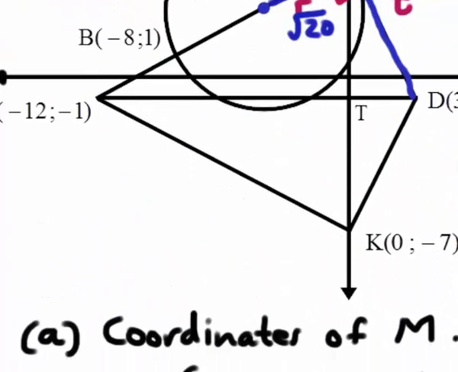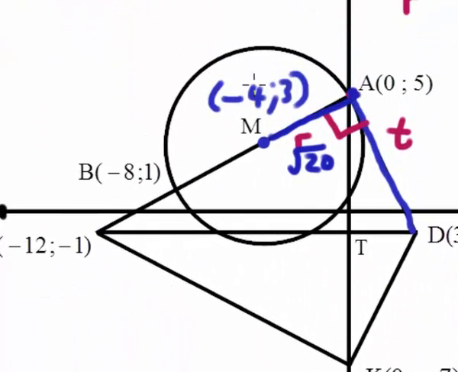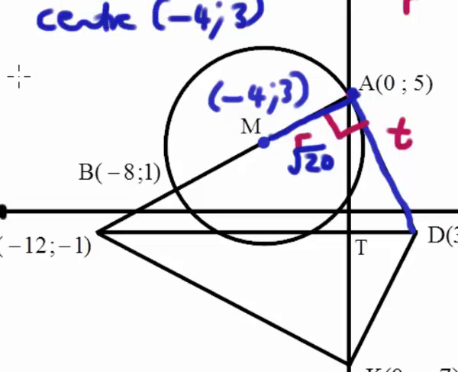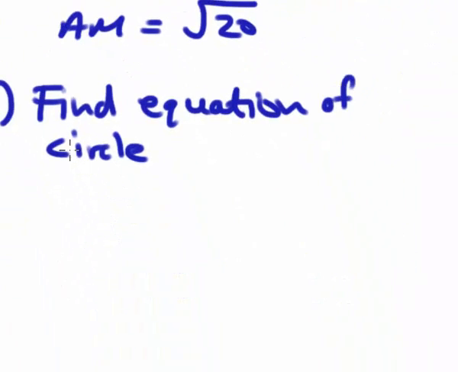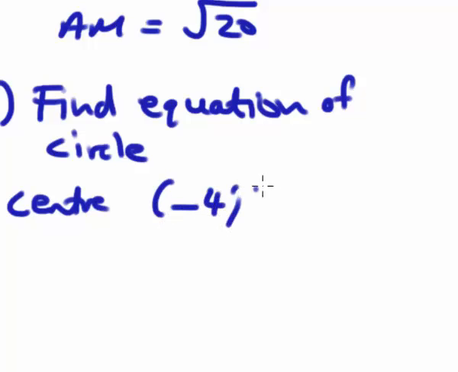We need the center, which we most definitely have, negative 4 and 3. And we've also got the radius as the square root of 20.